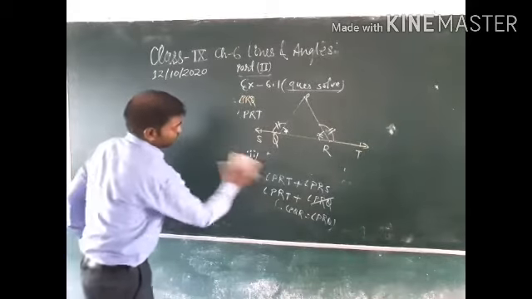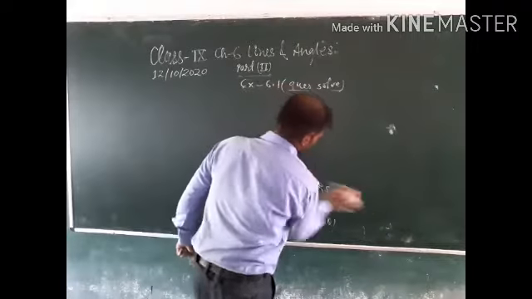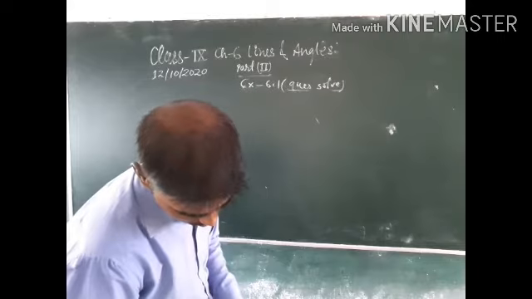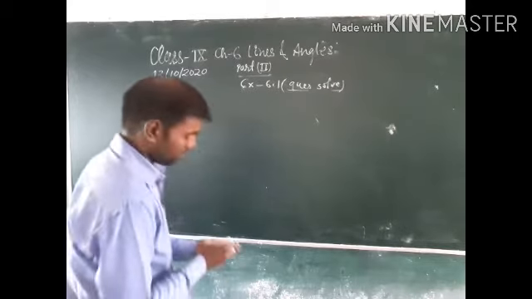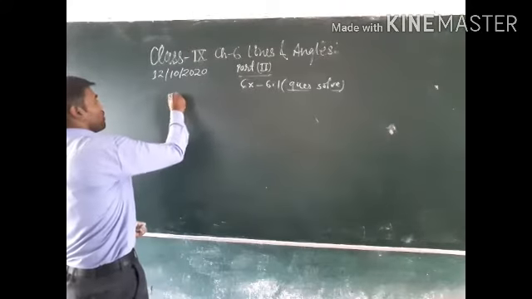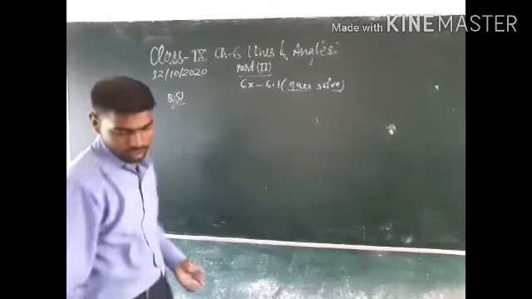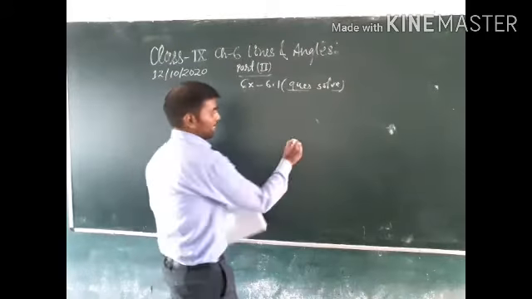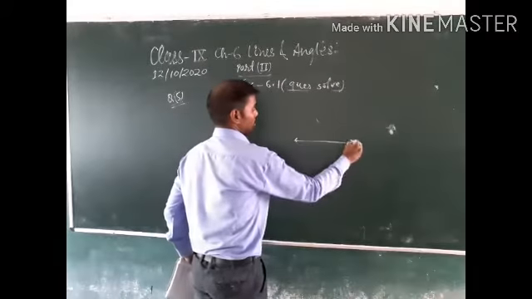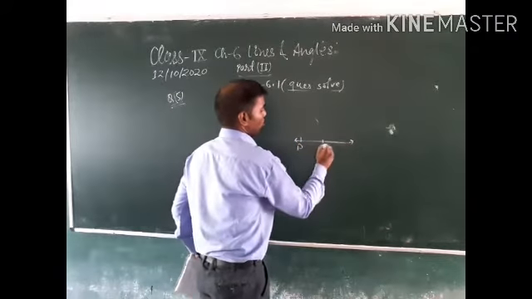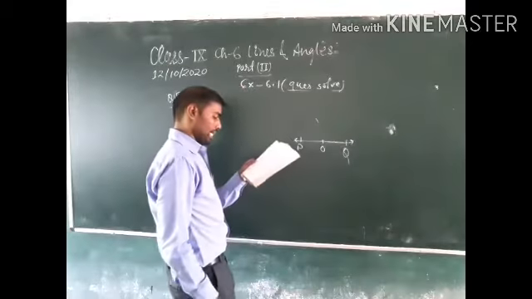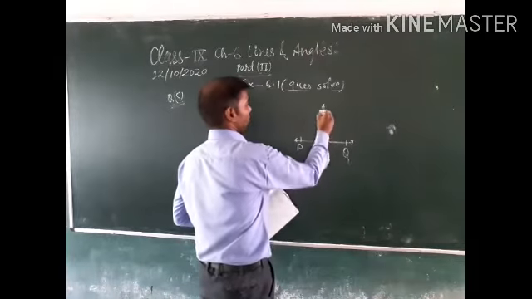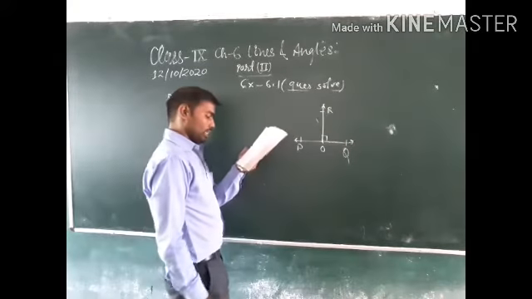Now we proceed to question number 5. The question is: POQ is a line and ray OR is perpendicular to it.